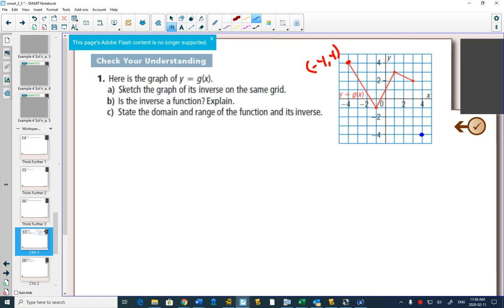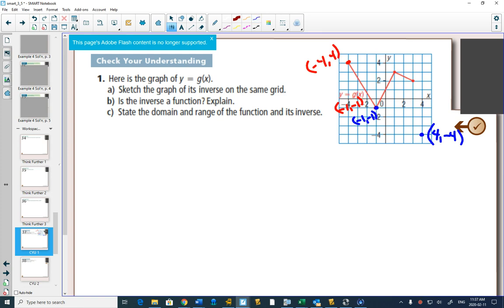4, negative 4. Take your second point. Negative 1, negative 1. If you switch those, you're going to get negative 1, negative 1.